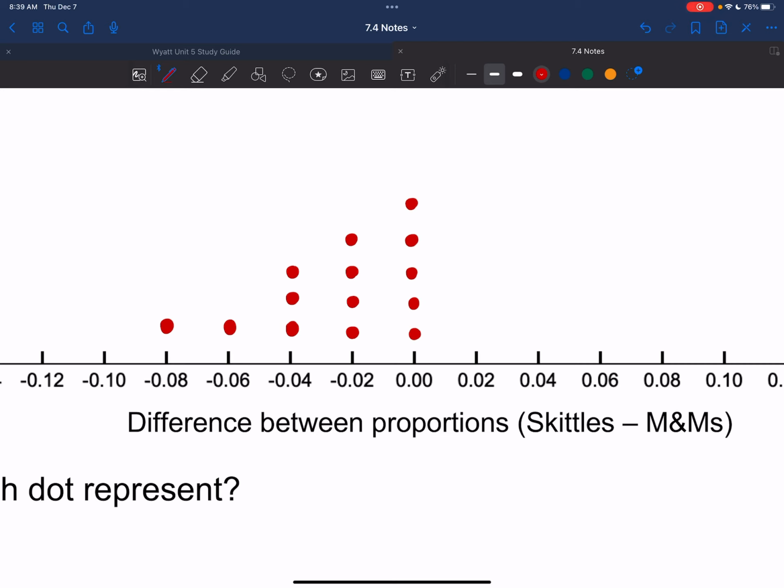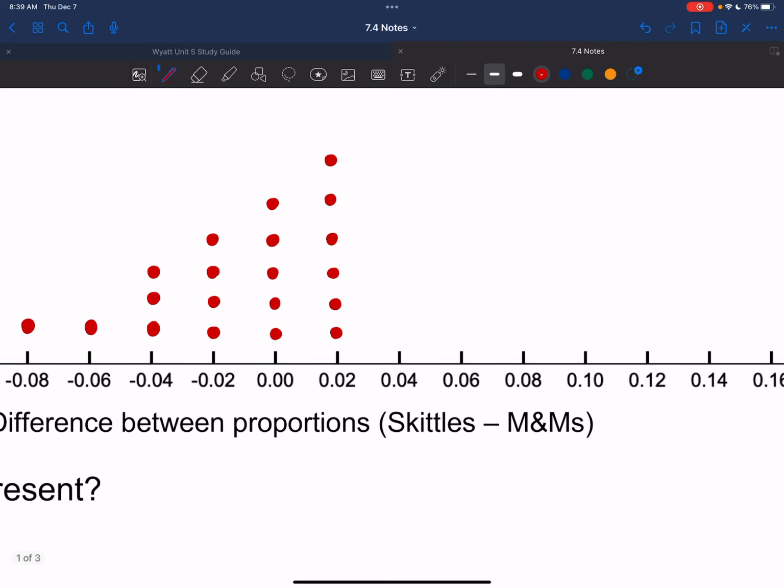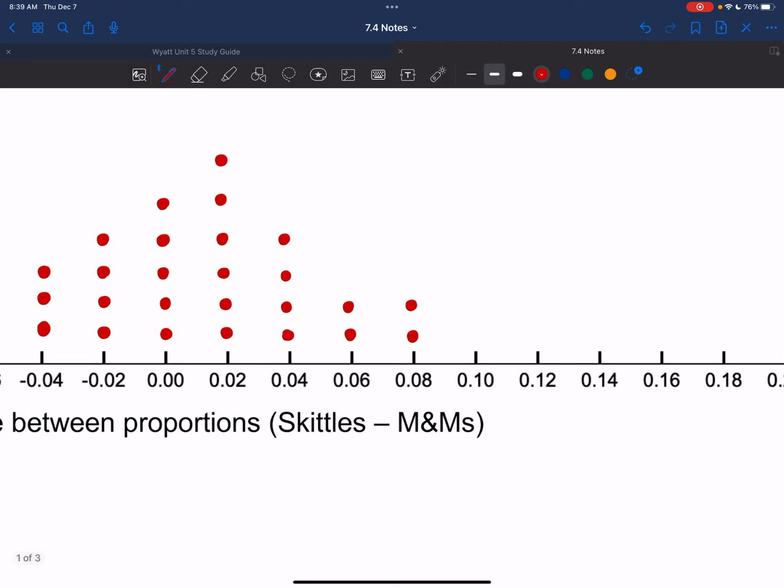I've got 6 on 0.02. 4 on 0.04. I've got 2 on 0.06. 2 on 0.08. And 1 on 0.10 and 0.12.